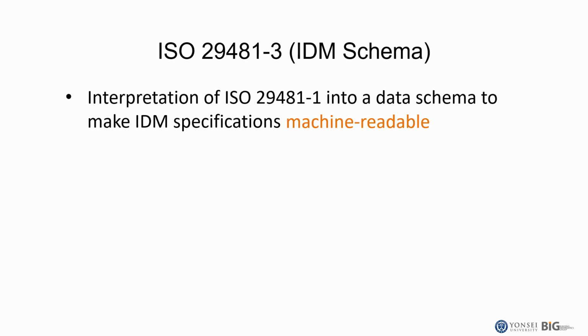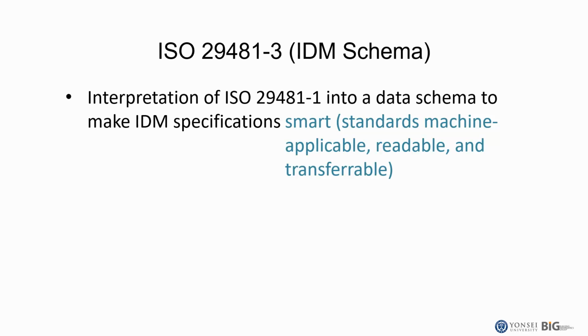ISO 29481 Part 3 IDM schema is an interpretation of ISO 29481 Part 1 into a data schema to make IDM specifications machine readable. ISO Strategy 2030 defines SMART as an abbreviation for standards, machine applicable, readable, and transferrable.